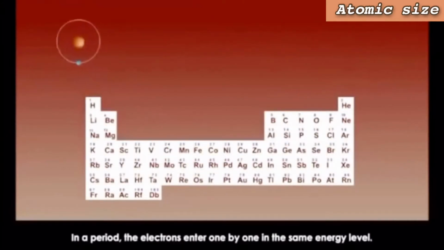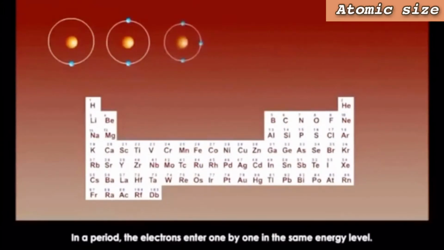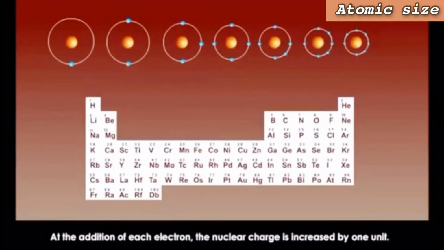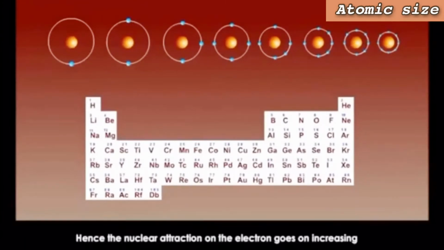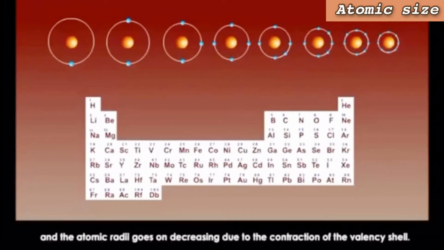In a period, the electrons enter one by one in the same energy level. At the addition of each electron, nuclear charge is increased by 1 unit. Hence, nuclear attraction on the electrons goes on increasing, and the atomic radii go on decreasing due to the contraction of the valence shell.